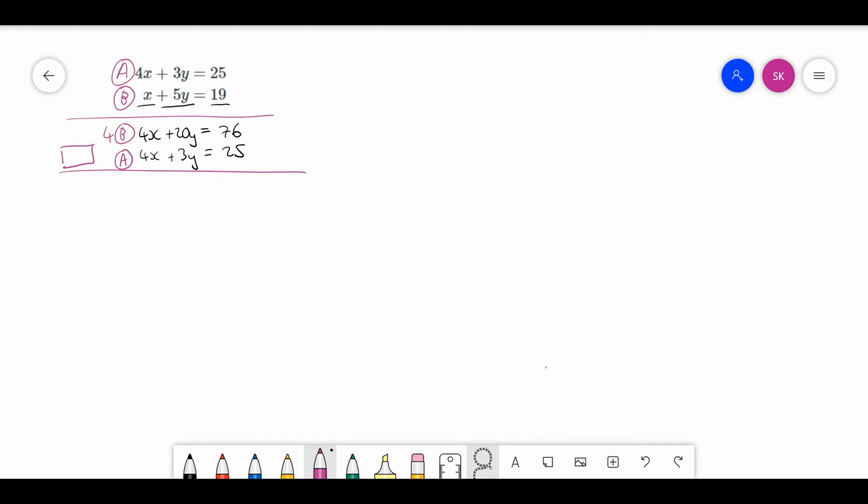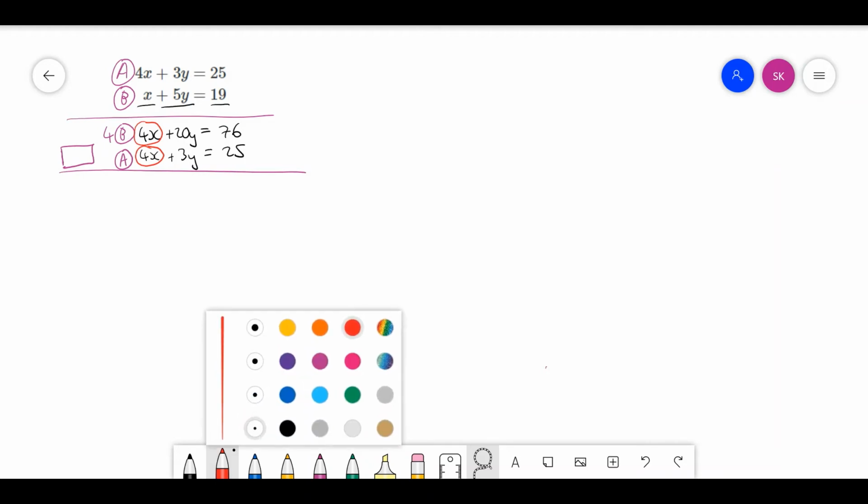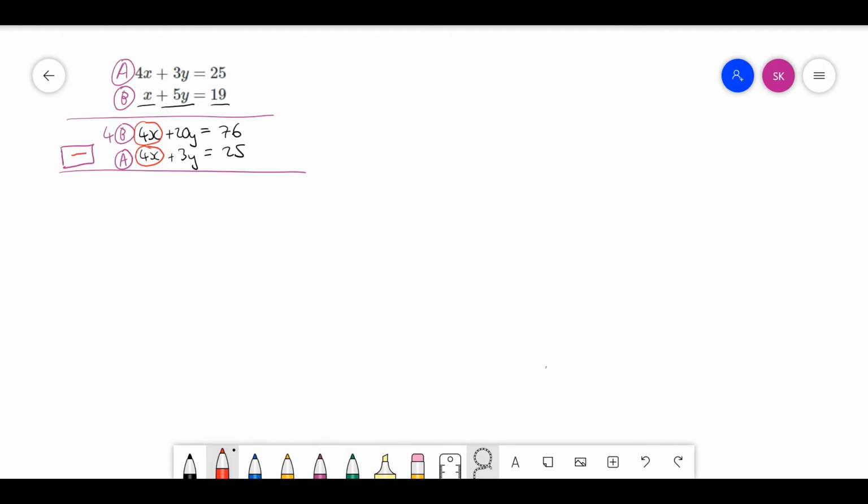Now it's all about deciding whether I'm going to add or subtract in order to eliminate these two 4x's. Well, if they're both positive, 4x and 4x, how do I eliminate them? I'm going to subtract. And now you can probably see why I wrote 4B on top of A, because it takes away more nicely when we do 4B on top.